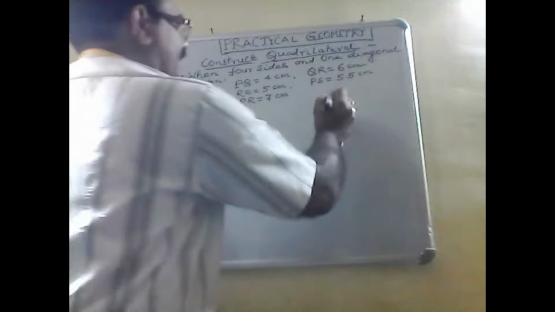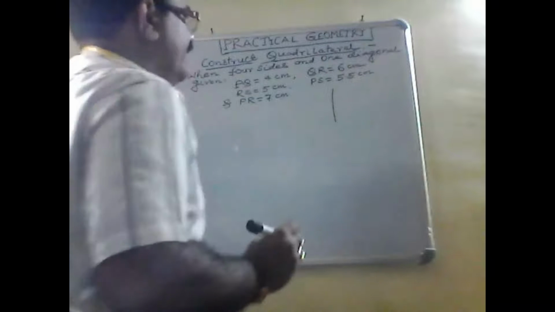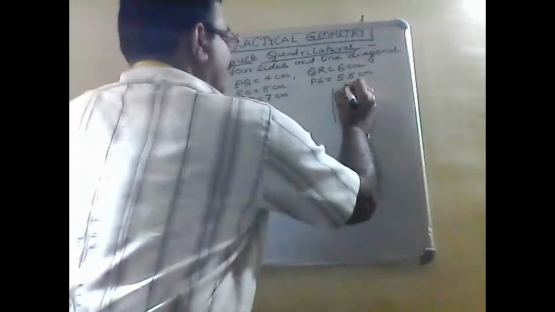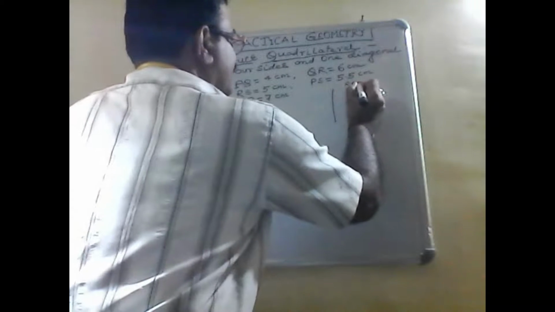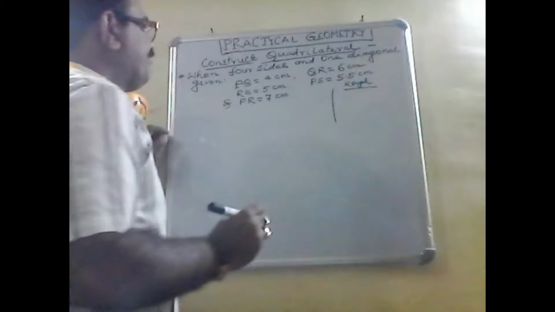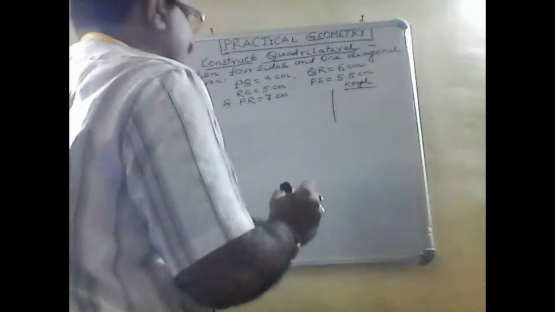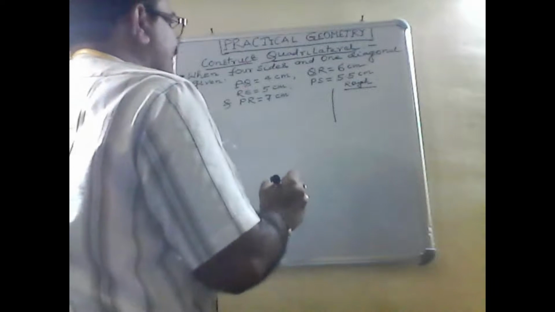On the right side you draw one line, and drawing it is the rough. On the rough side you can make a sketch of the given question, that is, the lengths and whatever information has been given.